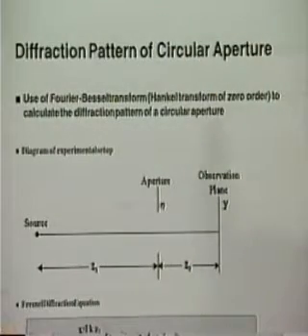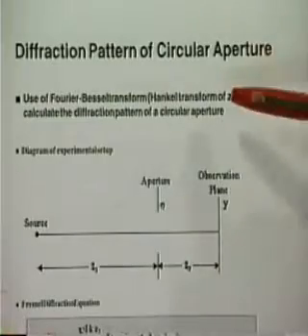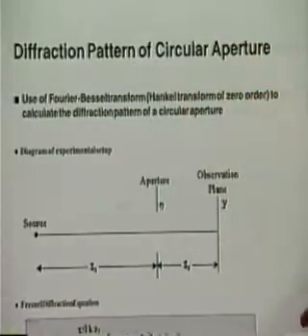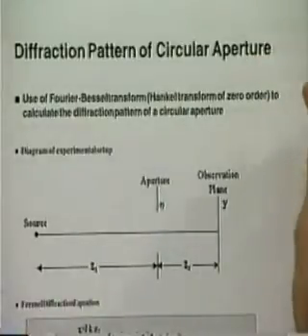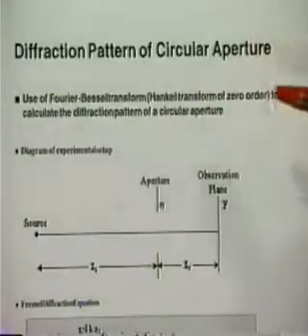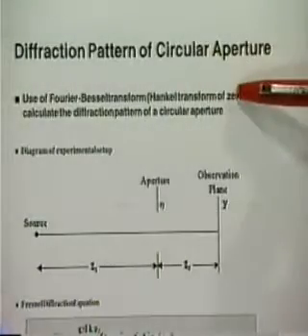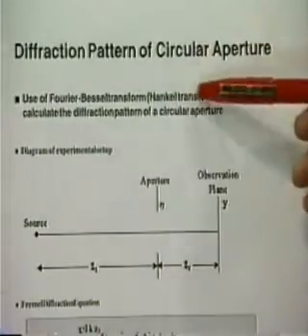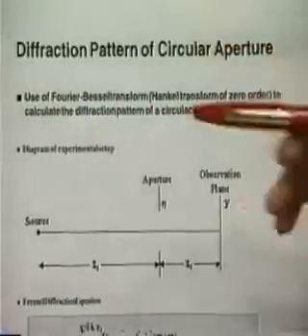What's the word I'm trying to think of? The Hankel transform. Did you have the Hankel transform in Gaskell's class? Do you remember? Yeah, okay, good. Did you like it? Well, I love it. So we call it the Hankel transform, or sometimes they call it the Fourier-Bessel transform.